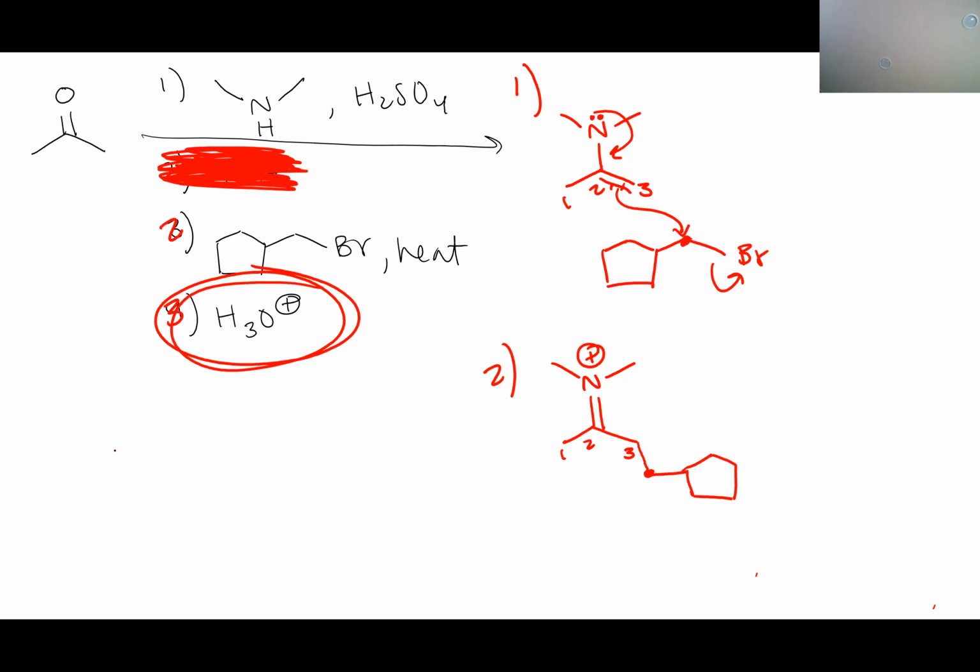Yeah, Isaiah got it in the chat. So this is just the hydrolysis of the iminium. It goes back to the ketone. So the enamine is just something that we're going through in order to add this on. If this looks like a totally alien thing to you, the thing that you want to look up is the Stork enamine synthesis.